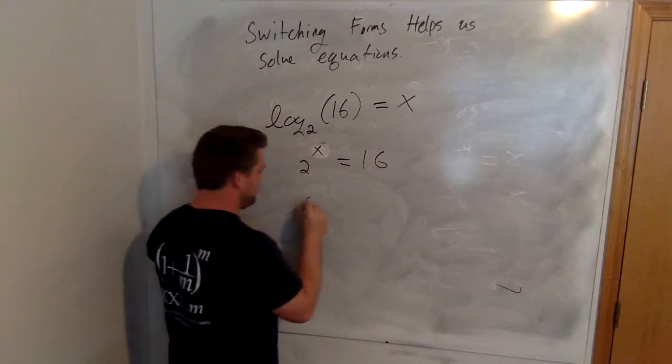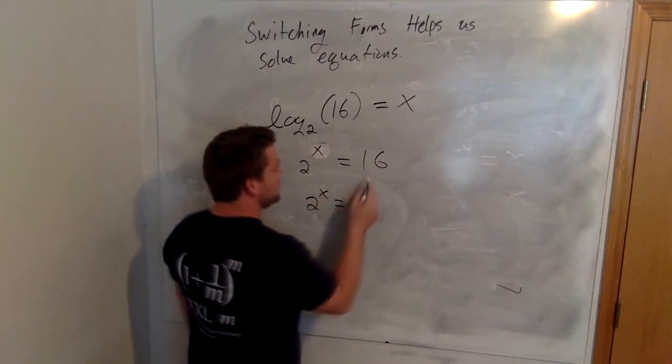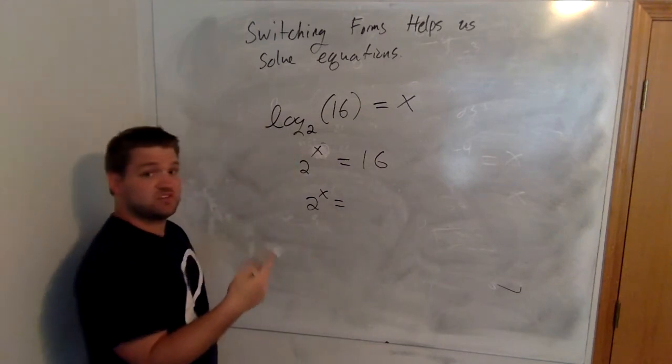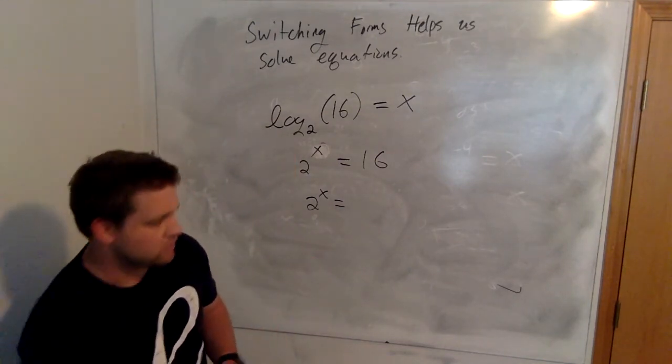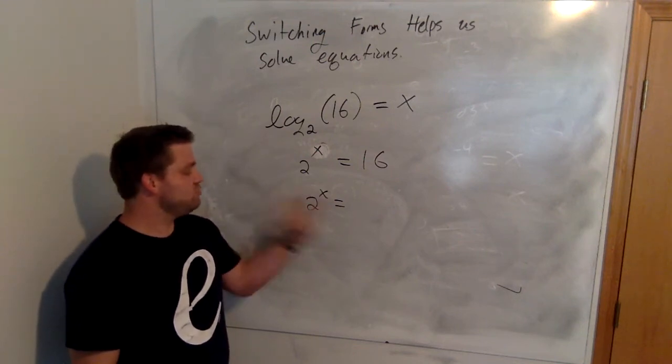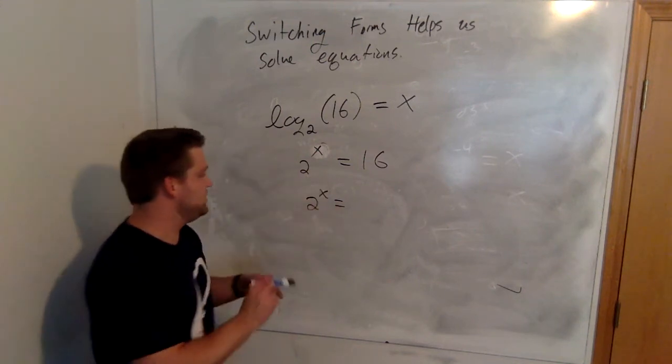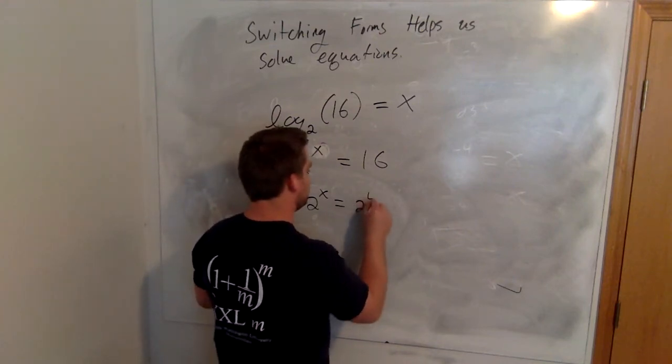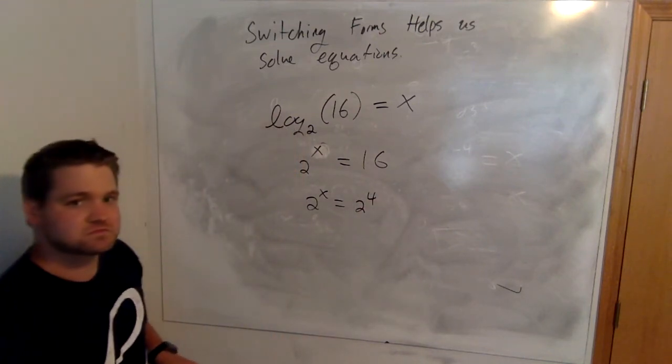So for example, I have 2 to the x. Well, can I rewrite 16 as 2 to some power? Well, let's think here. 2 times 2 is 4, times another 2 would be 8, times another 2 would be 16. So this is the same thing as 2 to the 4th.